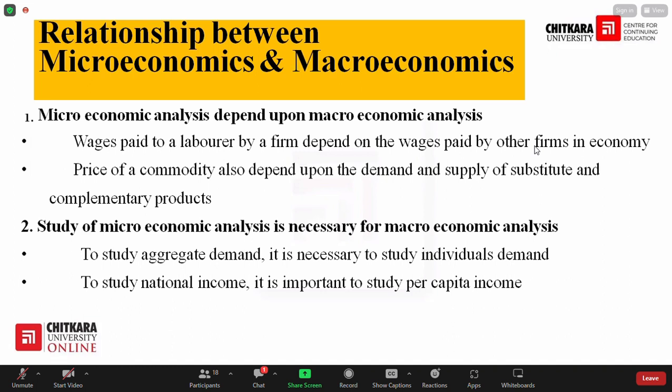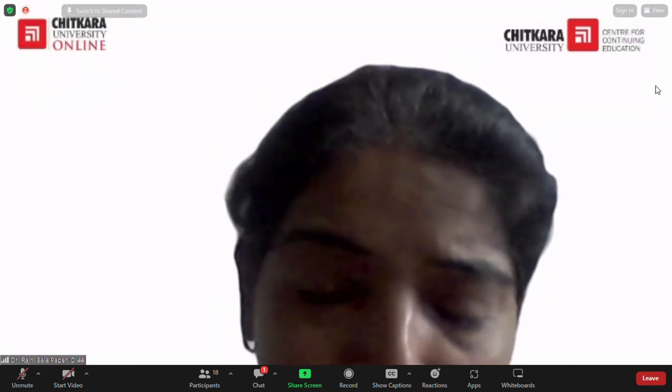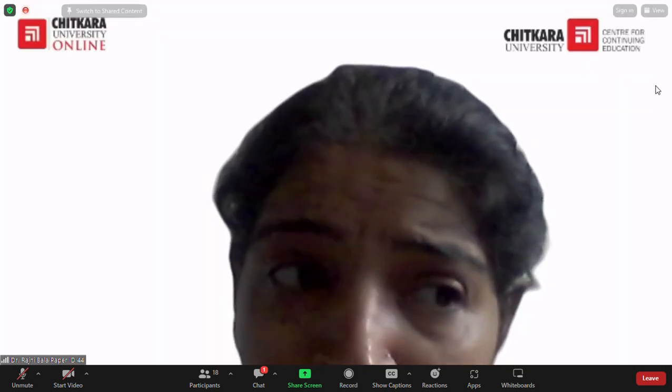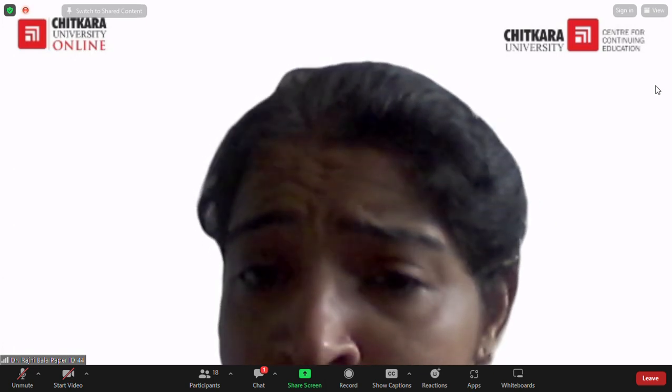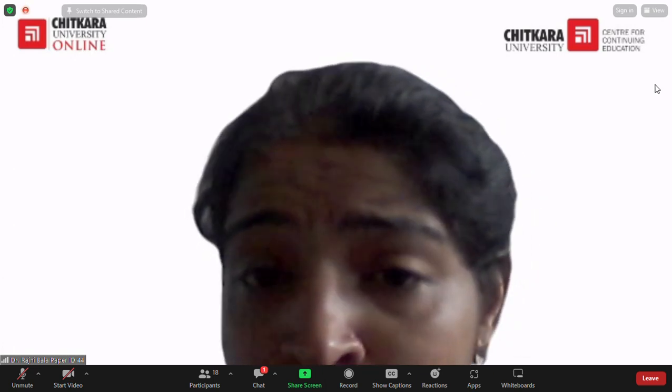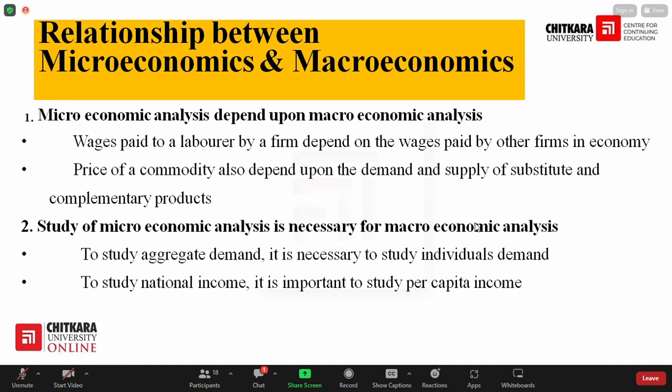There is a relationship between micro and macroeconomics. Both work together, both depend upon each other. Microeconomics basically depends upon macroeconomics, because for micro it is very important to study macroeconomics. For example, as an employer, you want to decide the salary of your employee. So first, you will look at what your competitors are providing as salary.